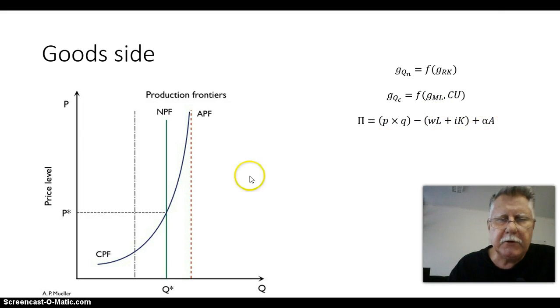Let's assume productivity increases. The curve would move downward, and so, ceteris paribus, our profit would increase. On the other hand, a rise in wage rate and a rise in interest rate would move the curve upwards.